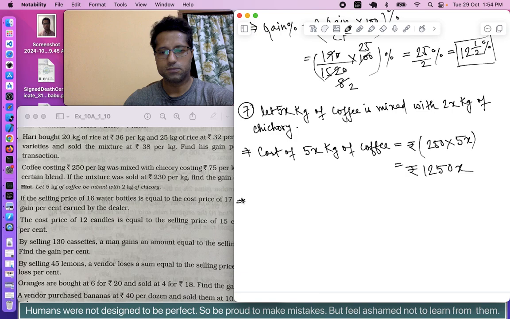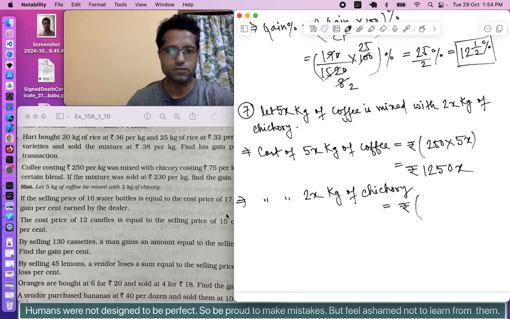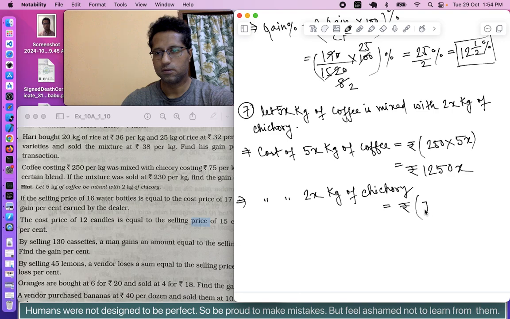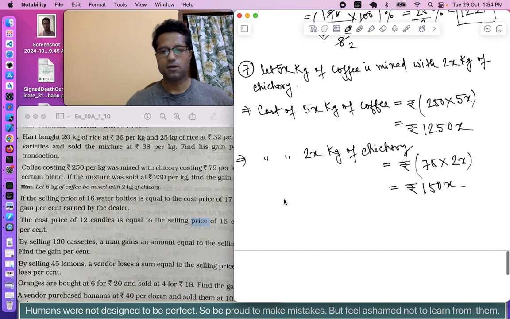Similarly, the cost of 2x kg of chicory will be 75 multiplied by 2x, which is equal to rupees 150x.